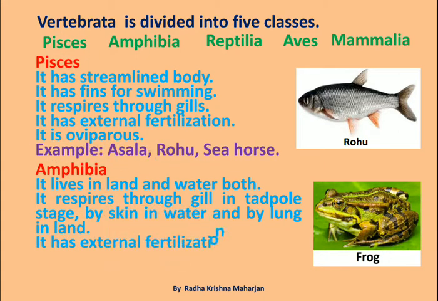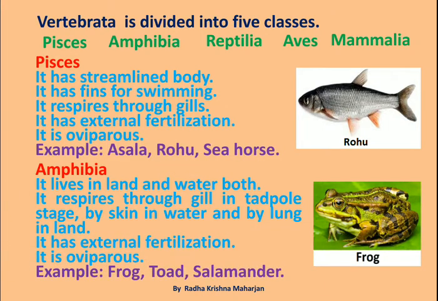It has external fertilization. It is oviparous. Example: frog, toad, salamander.